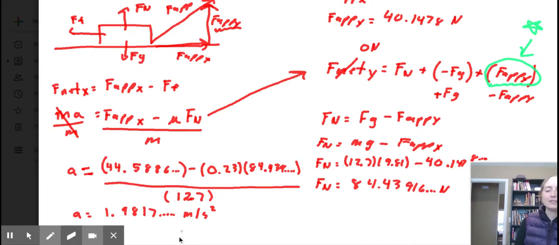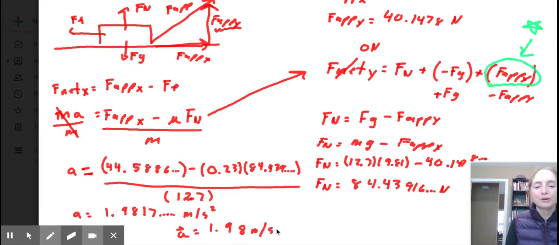This is a vector, and I did not ask for just magnitude. So I want a total of 3 sig digs, and we're going to put 1.98 meters per second squared. And our direction, ladies and gentlemen, is east from the direction that we were traveling in earlier.